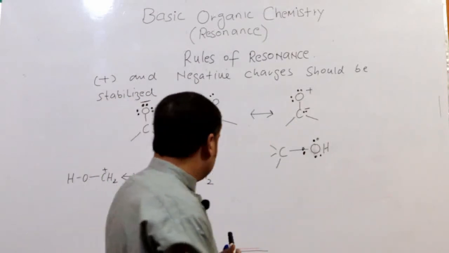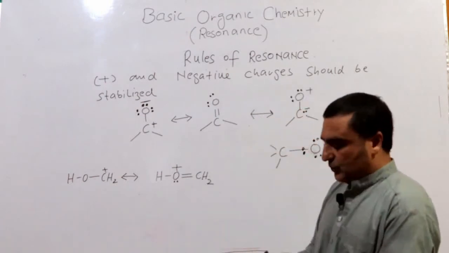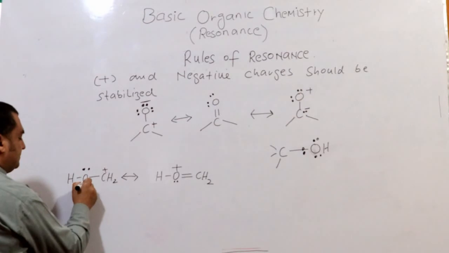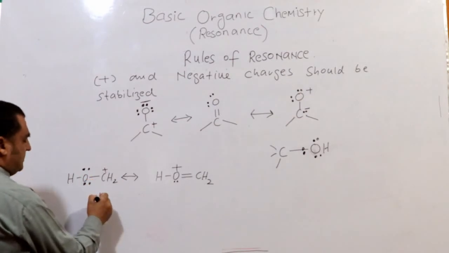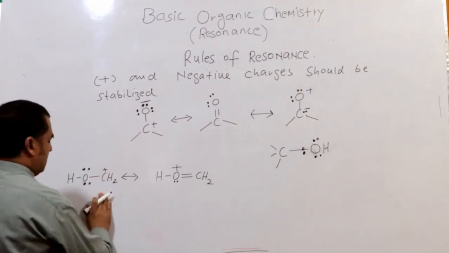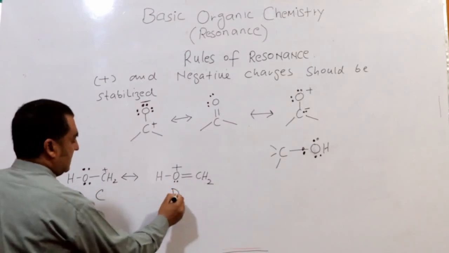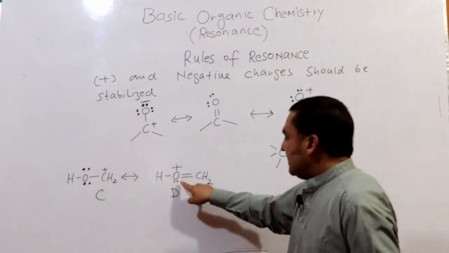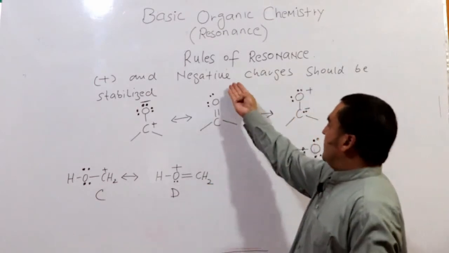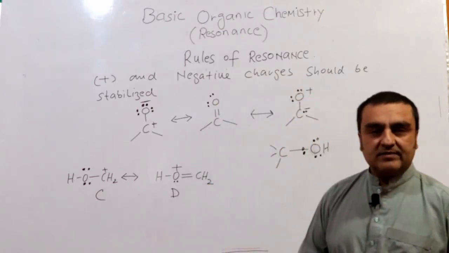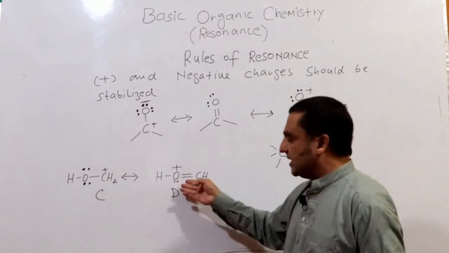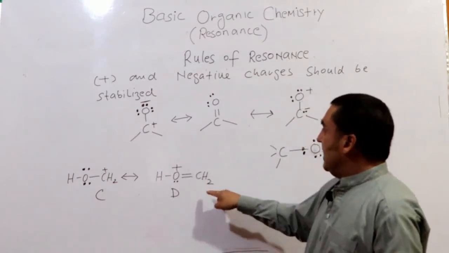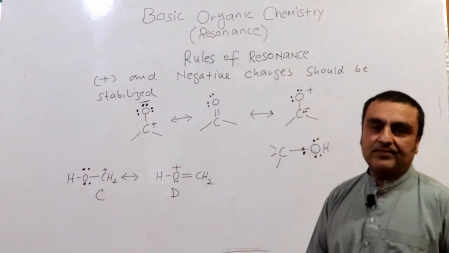But in the previous section, when we were comparing those resonance forms, suppose this is B, this is C, and this is D. I told you that D is good, but again, it seems that it is violating this statement. It is a positive charge on an electronegative atom, and I am saying that this is good, and here I am saying that this is bad.